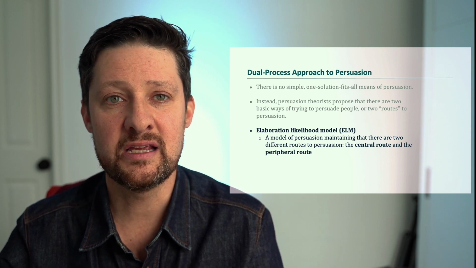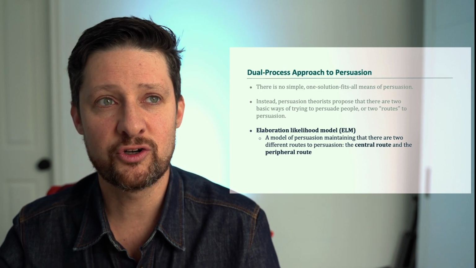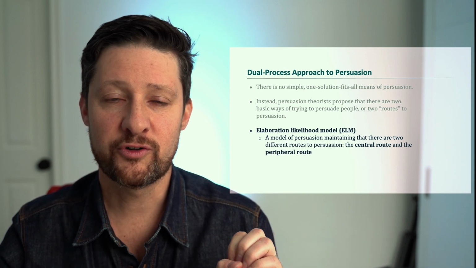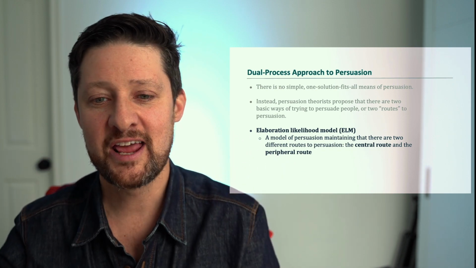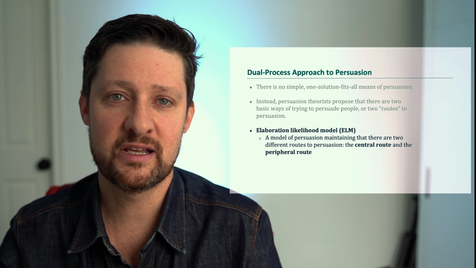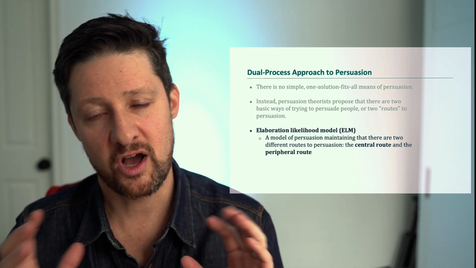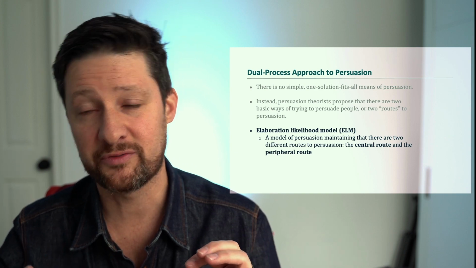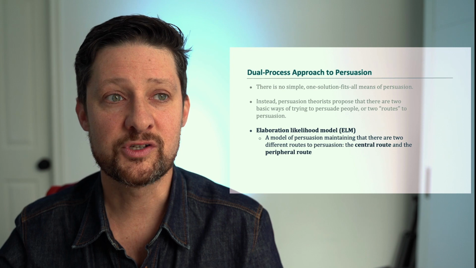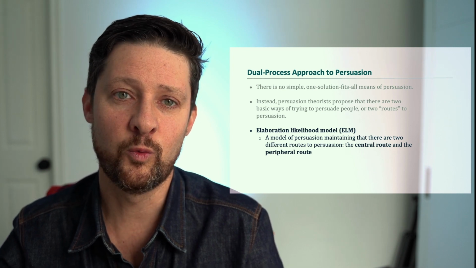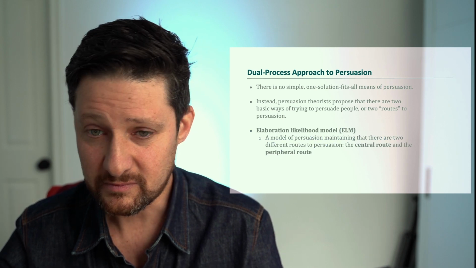This model suggests that the two routes are, first of all, the central route, which you can imagine as the direct route, and then there's a peripheral route, which is more of the indirect route. Through these two routes, in different contexts, situations, people, and messages, one route will work better or have more influence than the other.